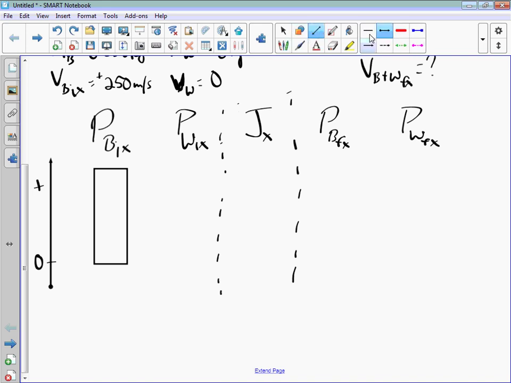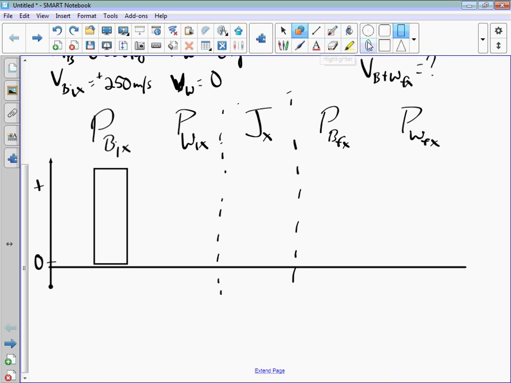I might even try to make this look a little nicer by doing this. Whatever momentum we had before is going to be the same momentum afterward, except for now the wood block's going to get some of that momentum and the bullet's going to have some. But the bullet and the block are going to be stuck together. If they're stuck together, they have the same velocity.